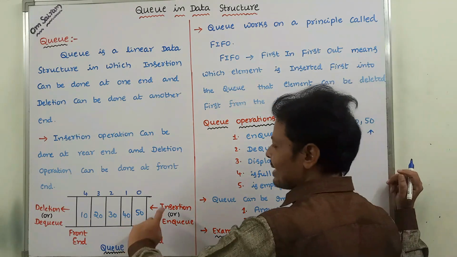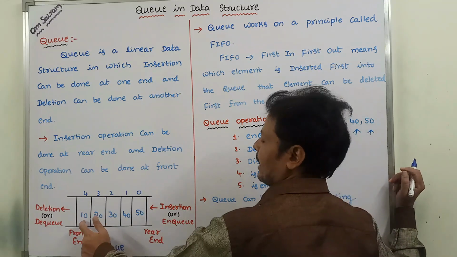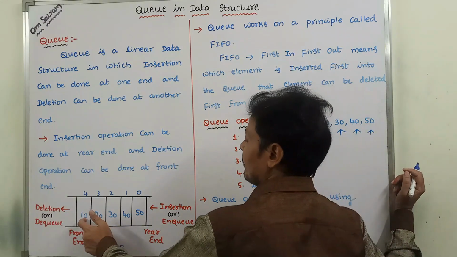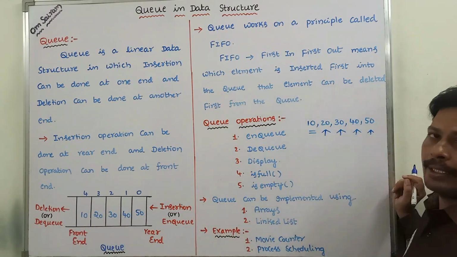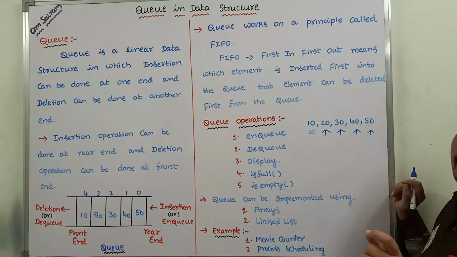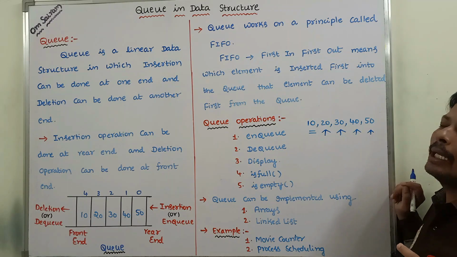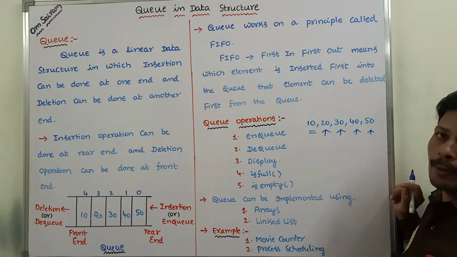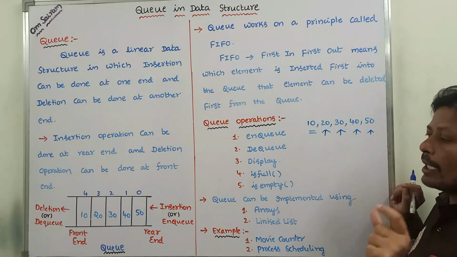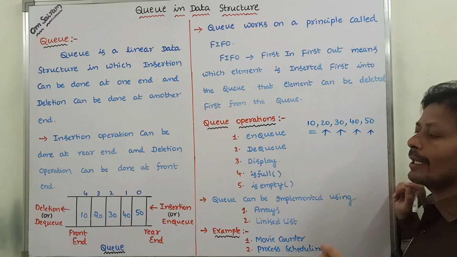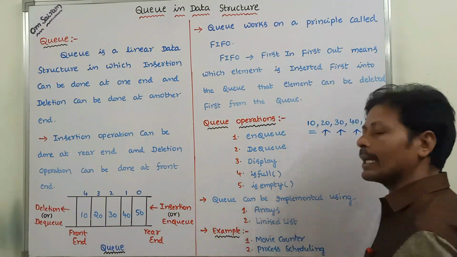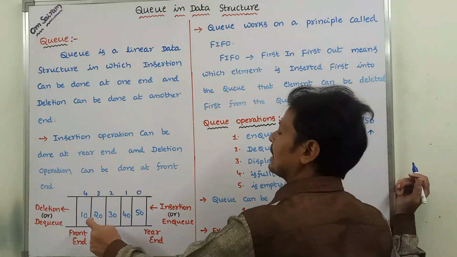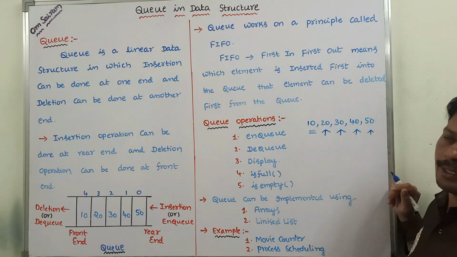Whenever we are performing delete operation, 10 can be deleted first. This principle can be called as FIFO, first in, first out. That means whatever the element which is inserted first into the queue, that is element 10, that element can be deleted first.